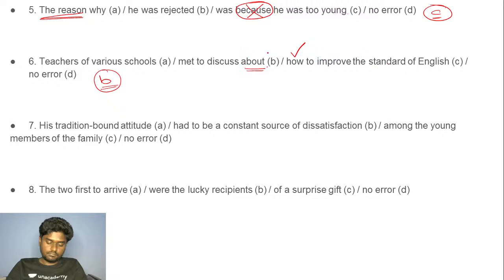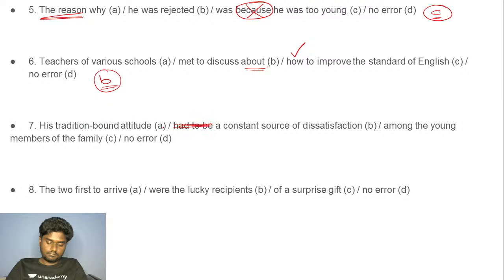Next one, his tradition bound attitude had to be a constant source of dissatisfaction among the young members of the family. So it should be what? His tradition bound attitude, in place of had to be, you can remove this. It's not a had to be.